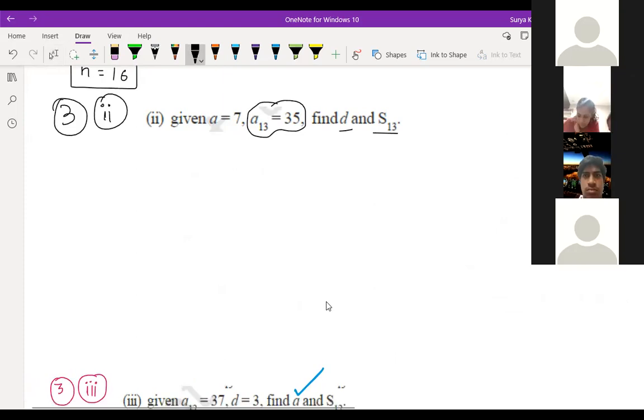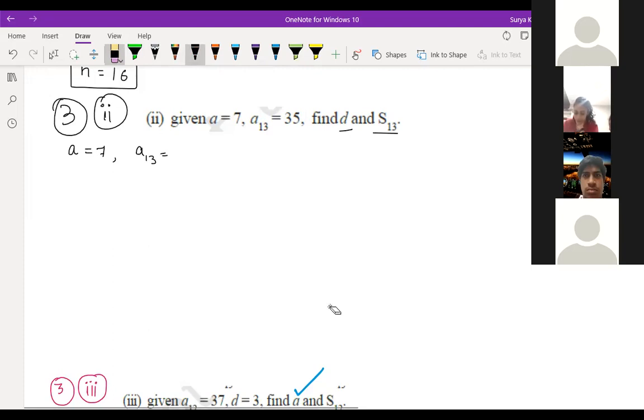First step, sir, we can write a is equal to 7, then a13 is equal to a plus 13 minus 1 in brackets, into d. We can write a13 is equals to like this.